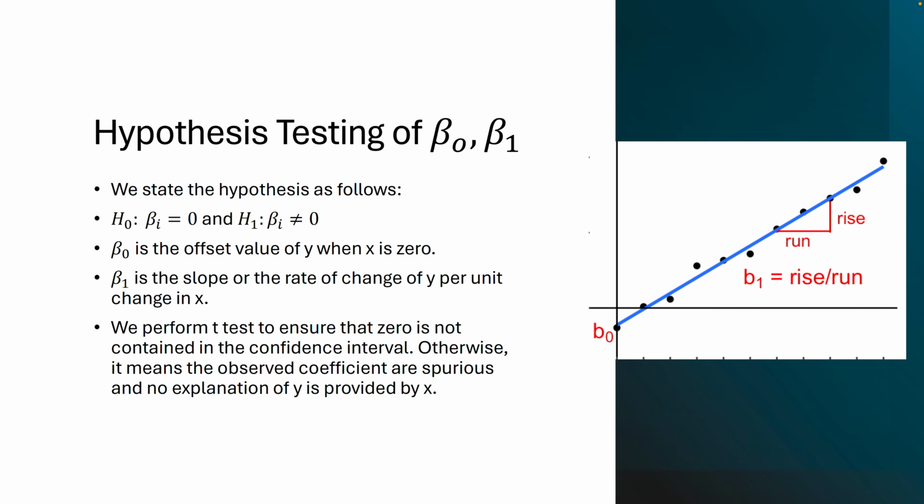We use the software to perform these tests and we get the report, but we need to understand what these hypotheses tested actually mean. So we use the t statistic, the t distribution here, to do the hypothesis testing of beta naught and beta 1.